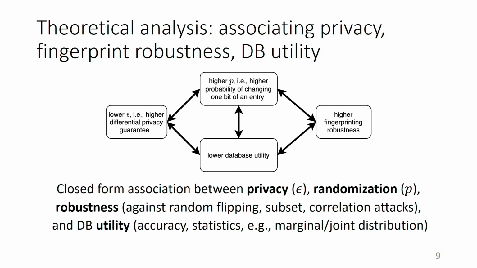For example, the adversary may randomly change some of the bits with certain probability, they may randomly remove a fraction or subset of the database, or they may infer the potential fingerprint locations by taking advantage of the data correlation. For database utility, we not only study generic utility guarantees, for example the accuracy, but also statistical utility like the marginal distribution or joint distributions. We cannot show the mathematical equations here, but if you are interested, you can refer to the paper.